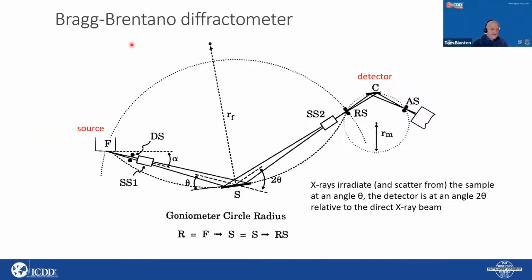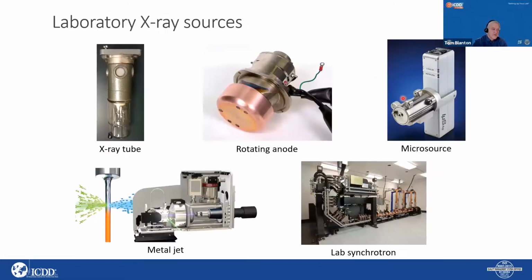So there are a couple of things to consider when looking at your diffractometer: the source, sample, and detector. If we talk about laboratory X-ray sources, for most instruments, people will be looking at an X-ray tube. Some of the larger diffractometers may have the option to purchase a rotating anode. The main difference here is that you can have more current on the rotating anode, so you get a greater flux of X-rays.